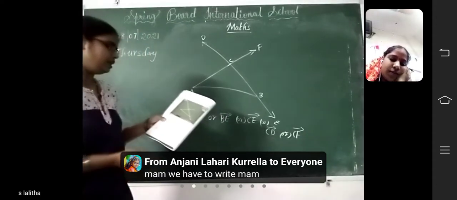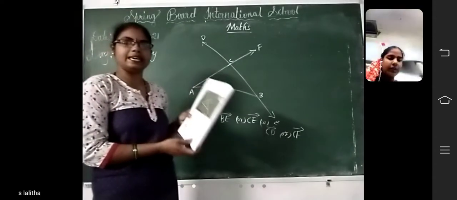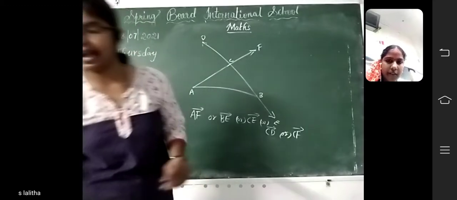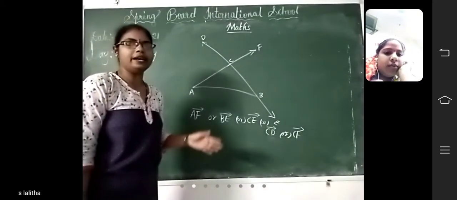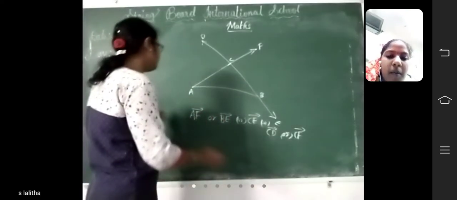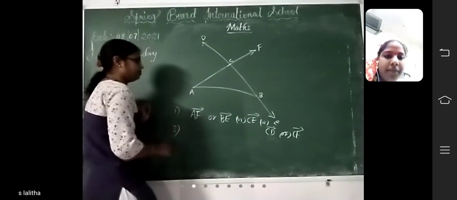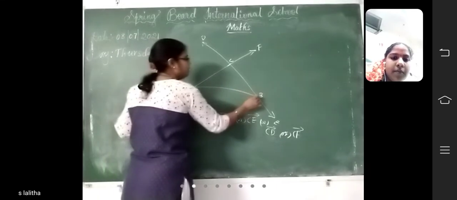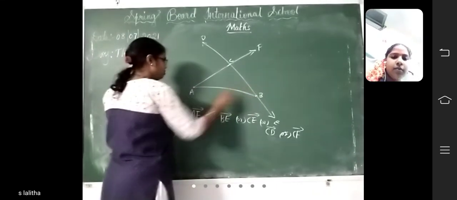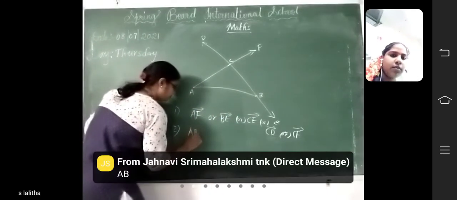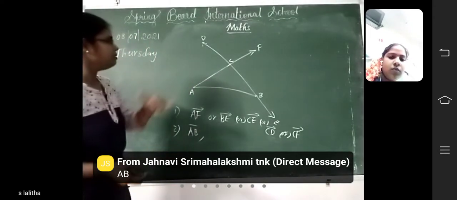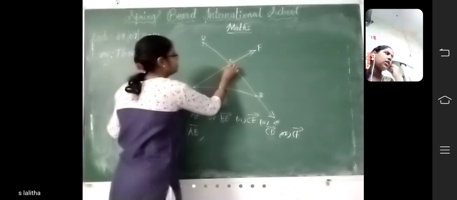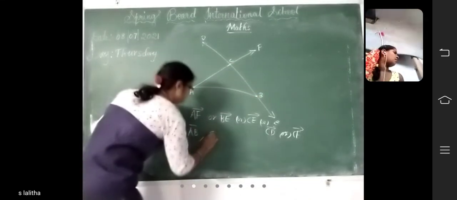Next, second question. Name one line segment. A line segment means it has a starting point and an ending point. Where is it? A, B. Both are having points. So, A, B. Another?